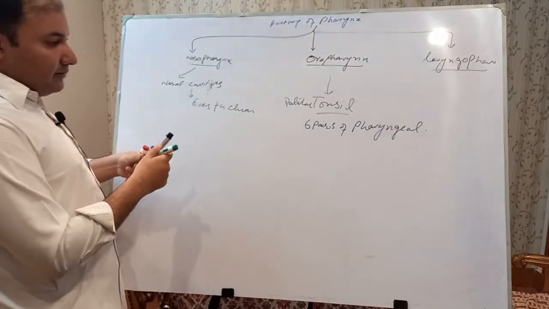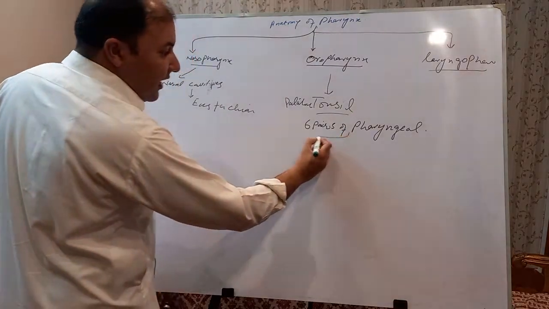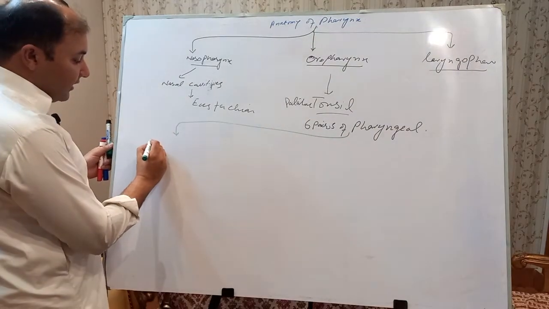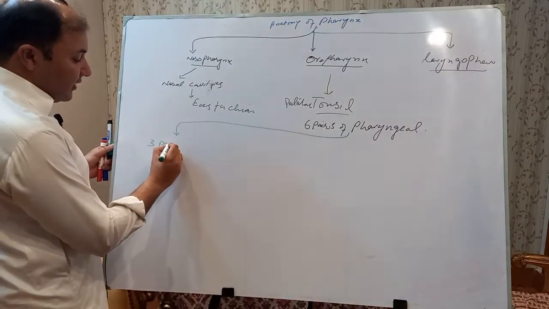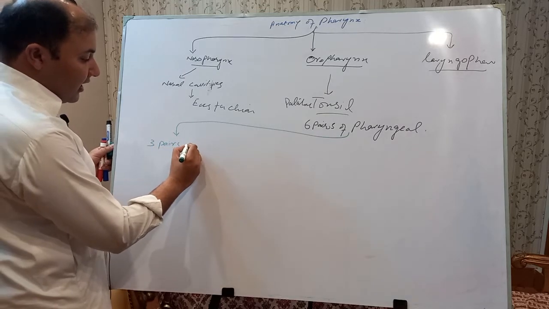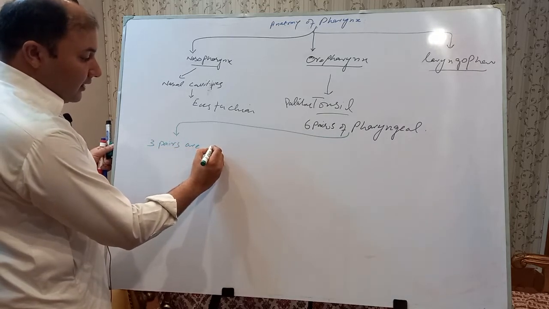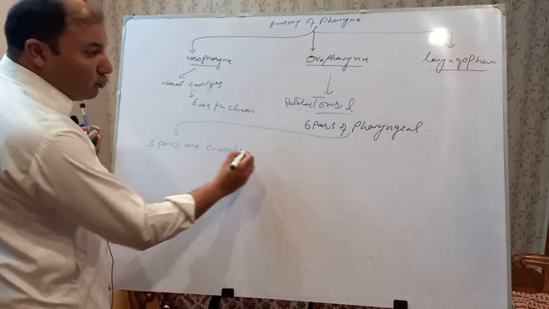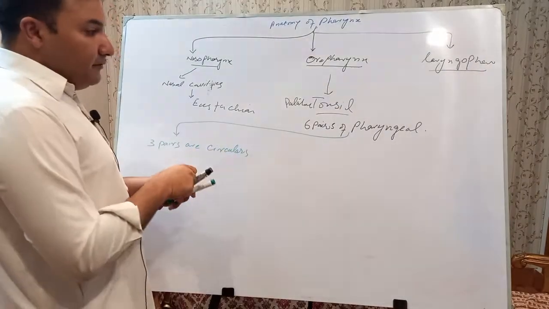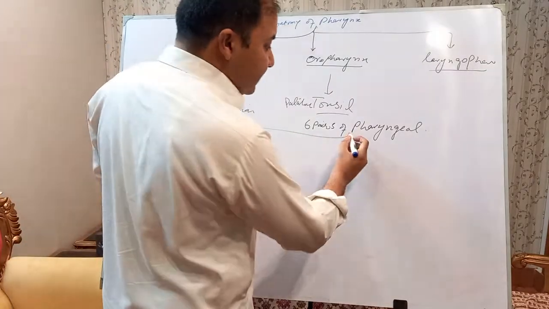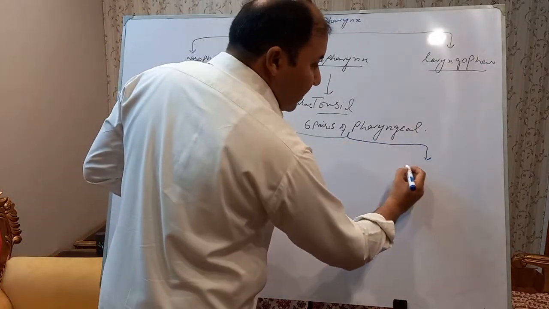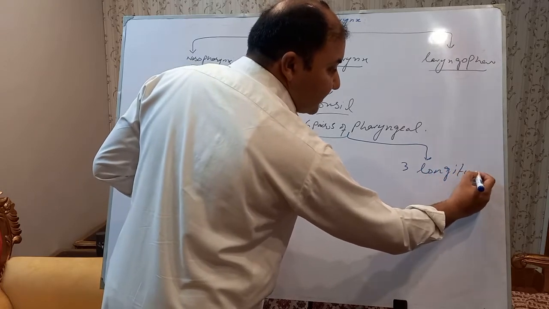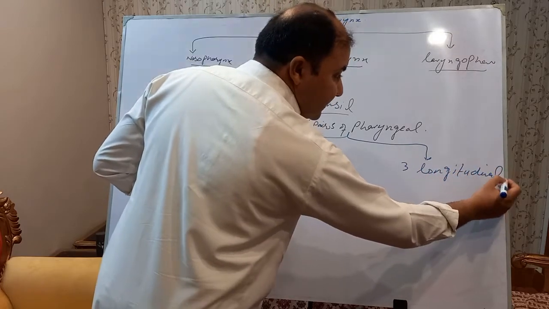These pharyngeal muscles are classified like this: number one, three pairs are circular muscles, and we have three pairs of longitudinal muscles.